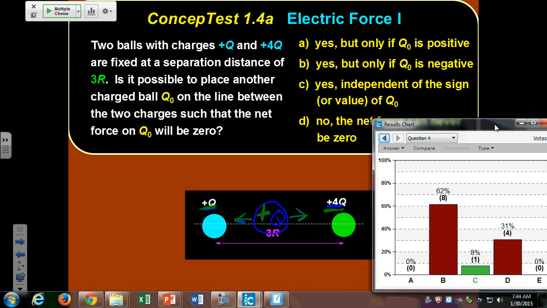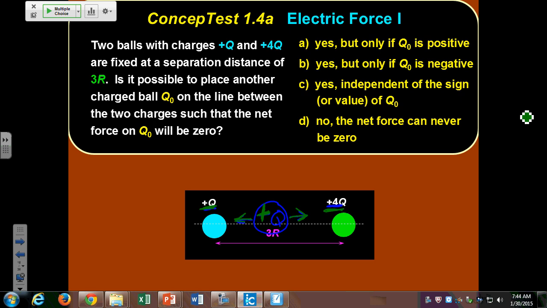Let me ask you another question. There's a particular place here where the force is going to be 0. Is that place where the force is 0 in this region? I'll call this A. Is it right in the middle? I'll call that B. Or is it over here?